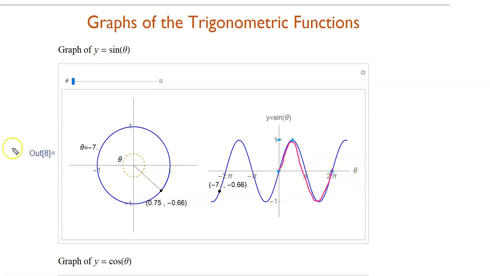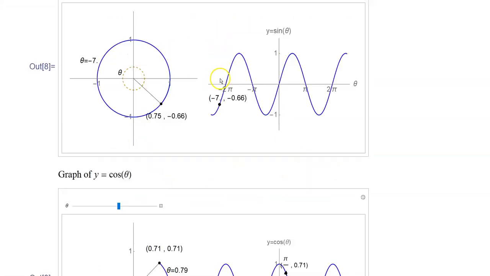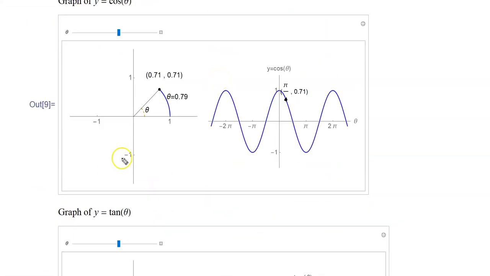For the cosine function, it's very similar, except when we're given this point right here on the graph of the cosine curve, we're going to be plotting the point theta, comma, the x coordinate of this point up here.